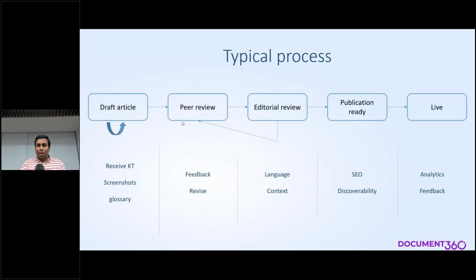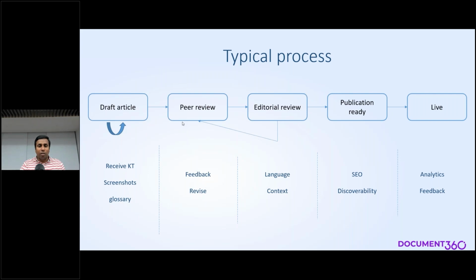So I'll just give you a bit of a typical process we have in our organization. Usually we are a SaaS product company, and a technical writer will get a KT from a developer who is building a feature, and the technical writer drafts the content. For example, it's about a particular product feature, they go and draft the content.